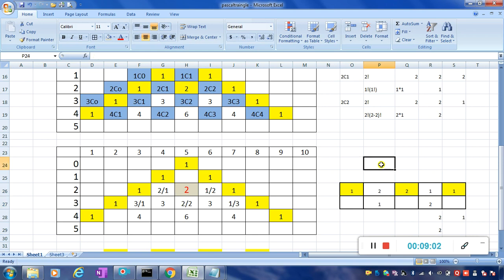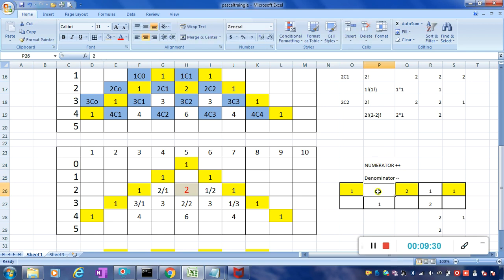What I did is I decremented the numerator by 1 and incremented the denominator by 1.